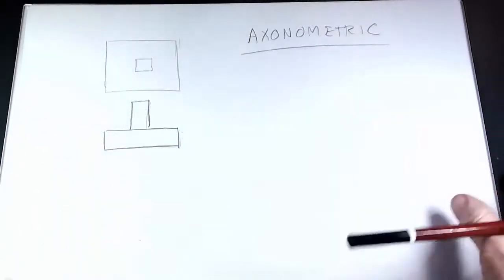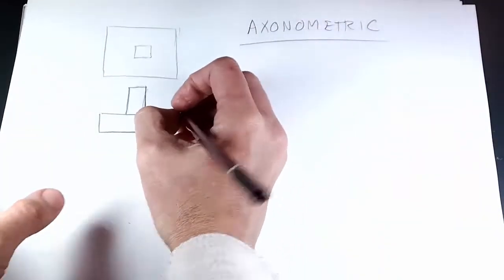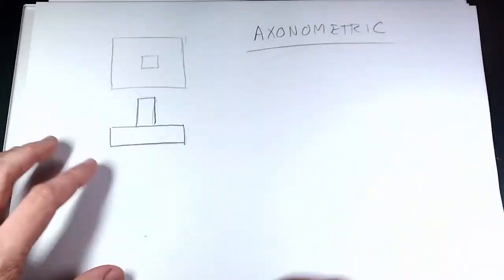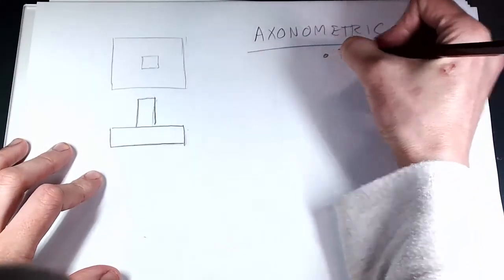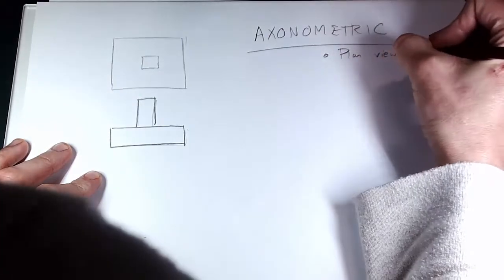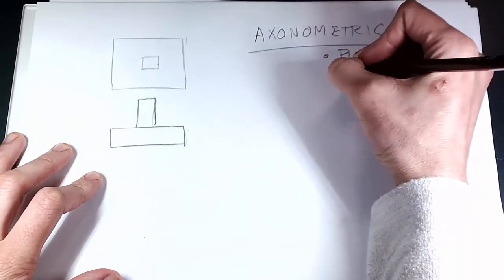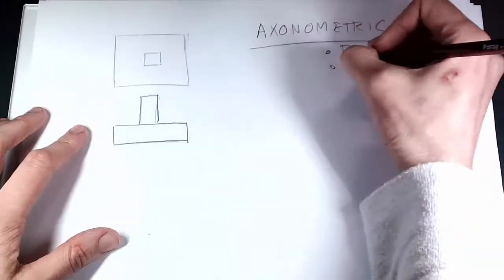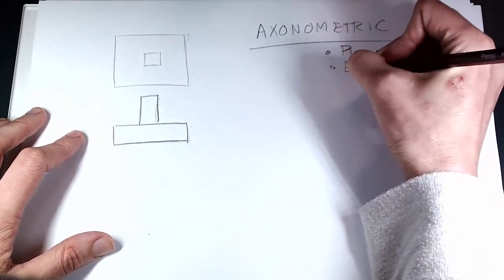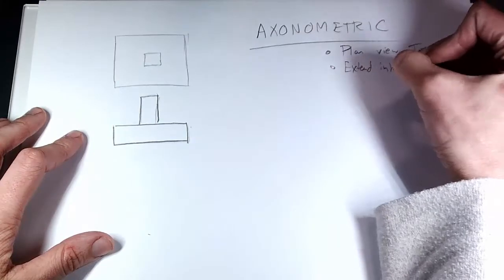So if I'm going to draw this foundation in 3D using an axonometric viewpoint, I want the plan view to be true, and then the others extend into 3D.